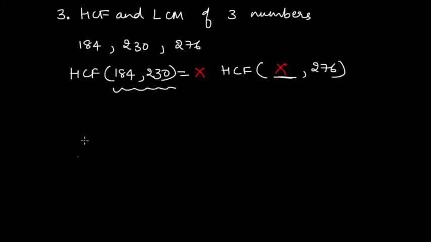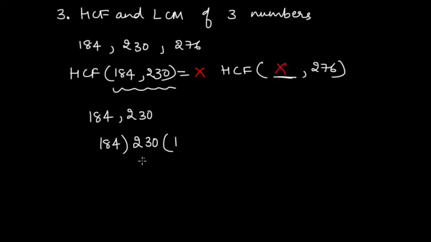Okay, so first off, let's do 184 and 230. We can do Euclid's division just to refresh our memory. So we start off with 184, we write it like this, and 230.